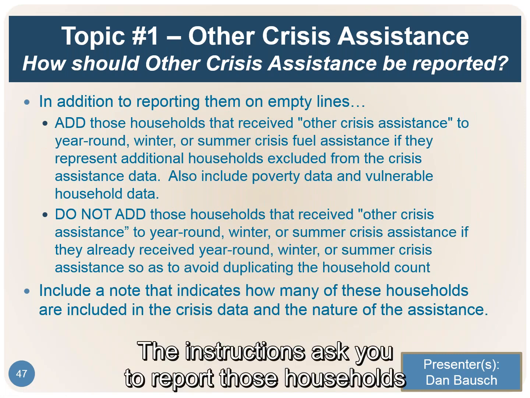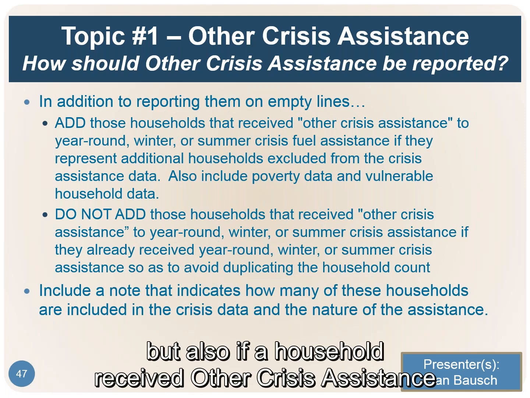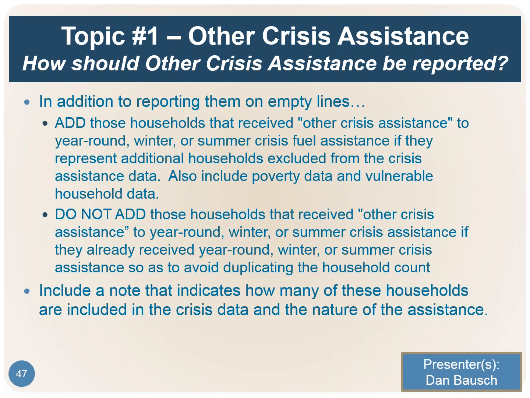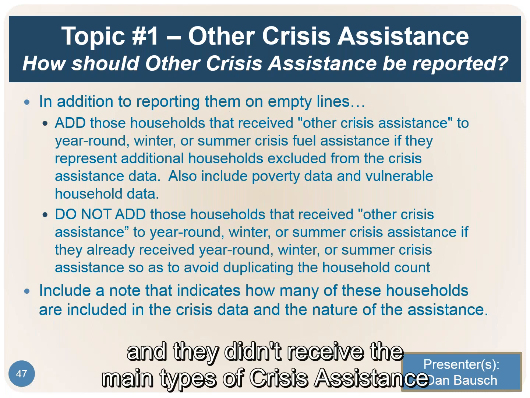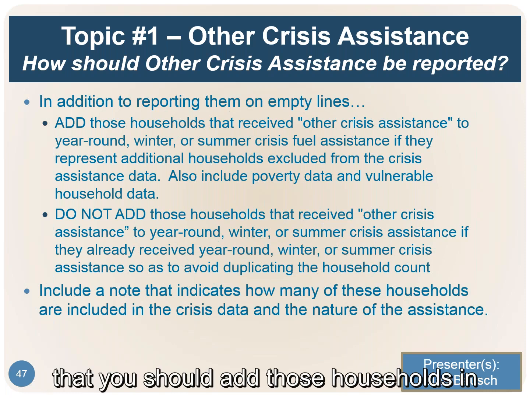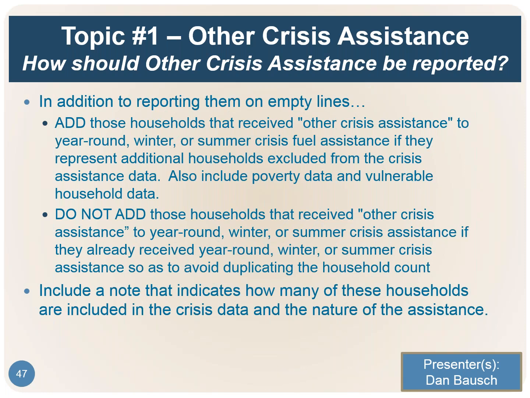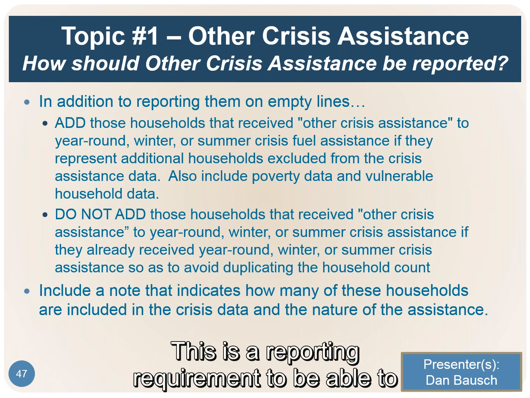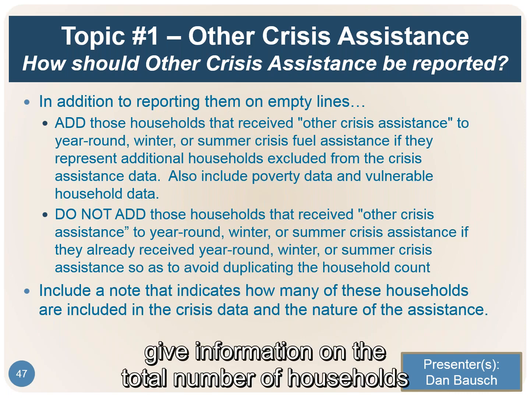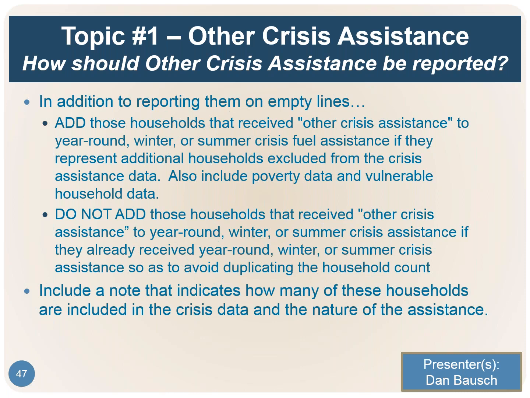And the instructions ask you to report those households on lines 3E and 3F, but also if a household received other crisis assistance and they didn't receive the main types of crisis assistance you offer year-round or winter or summer, that you should add those households in and include a note that says how many households received other crisis assistance. This is a reporting requirement to be able to give information on the total number of households that are getting each type of crisis assistance.